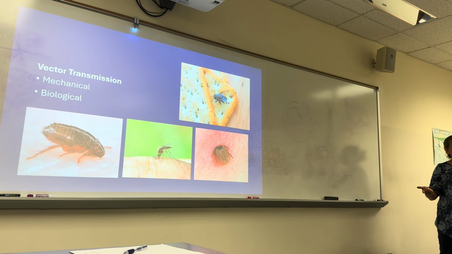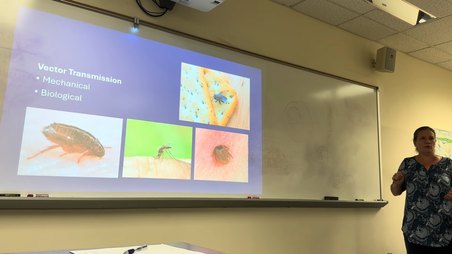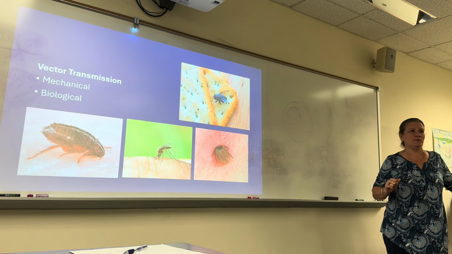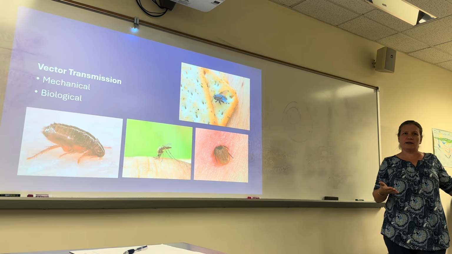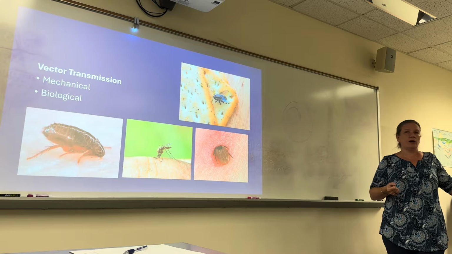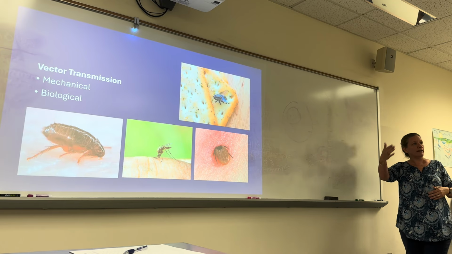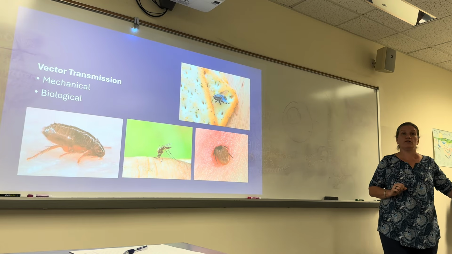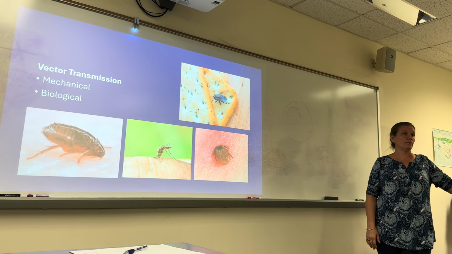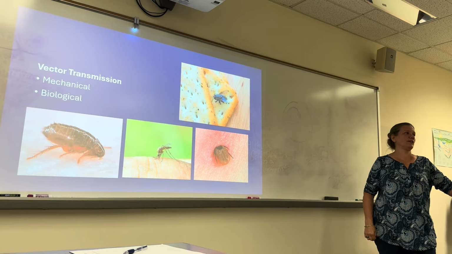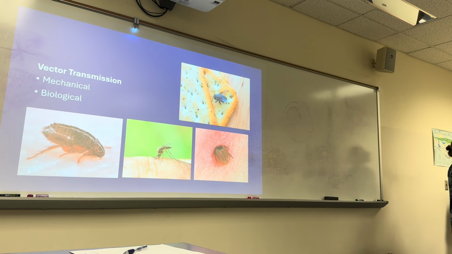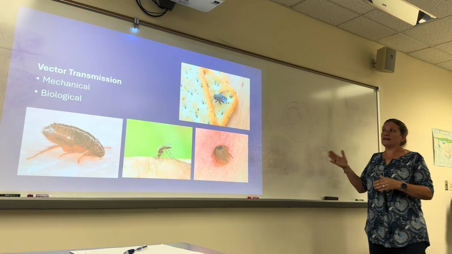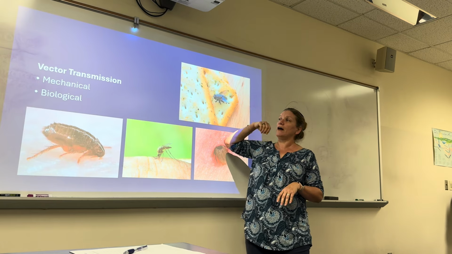So where was that fly before it landed on your food? Probably on feces somewhere, right? Like I said, it's like a bee with pollen. The bacteria are on the feet of the fly, those appendages. Then they land onto your food and transfer those organisms to your food. Okay, so it makes everyone really excited to go take a picnic, right? Just make sure you keep your food covered all the time when you're not eating. That's the mechanical. Oftentimes you'd think of flies for that.